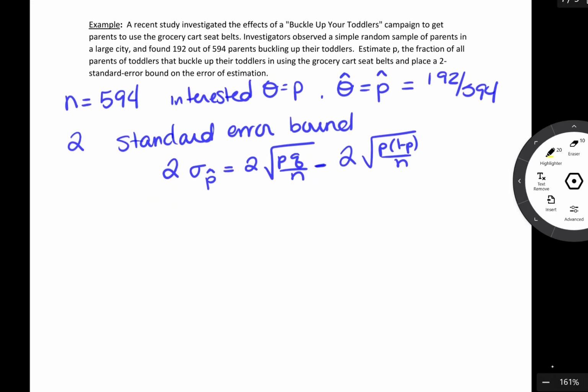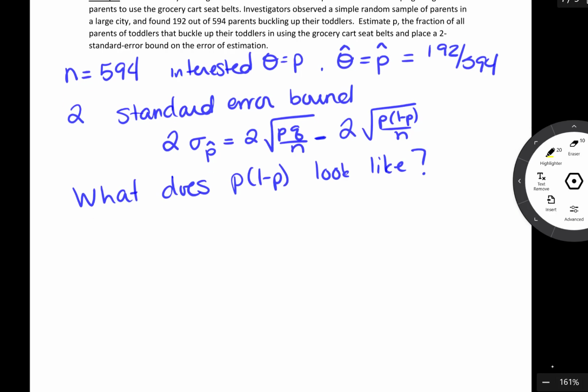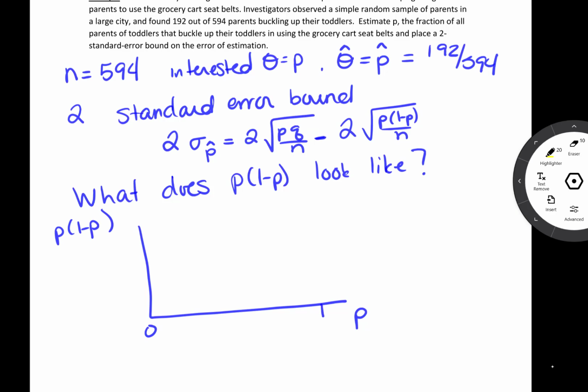So here is our question: what does p times 1 minus p look like? So let's draw a plot here. Well, we know that p is restricted between 0 and 1.